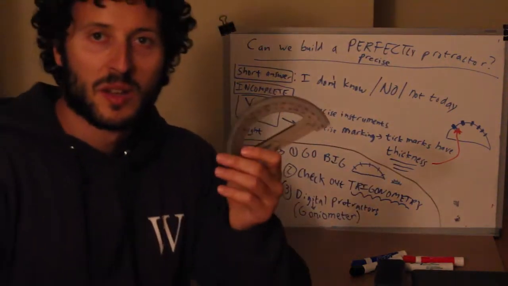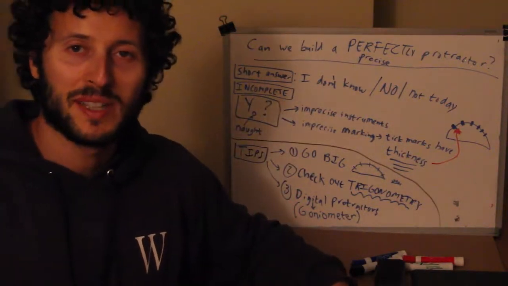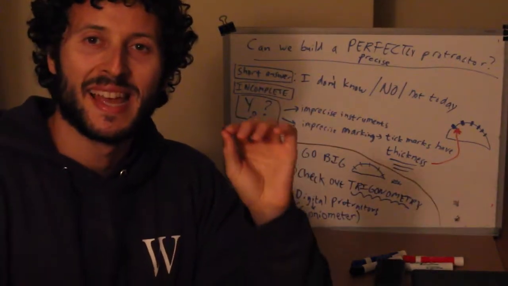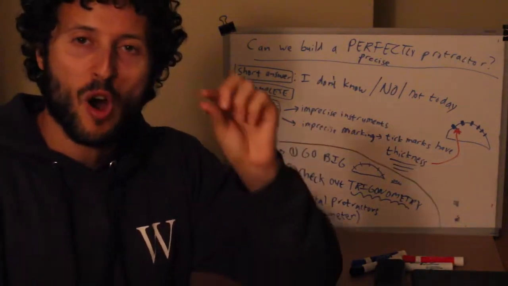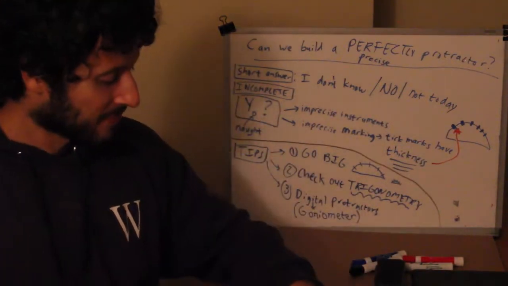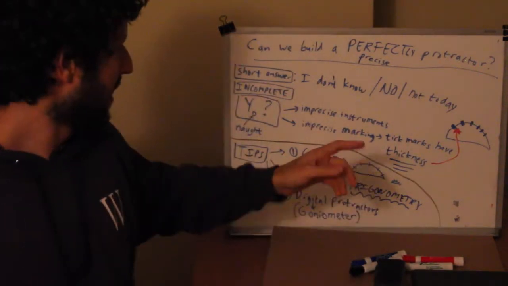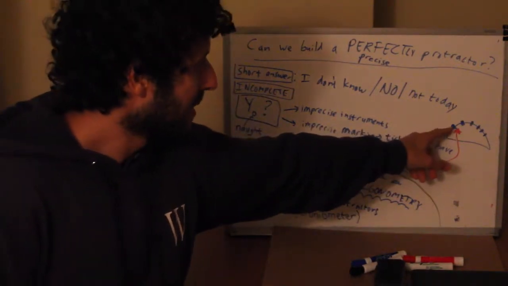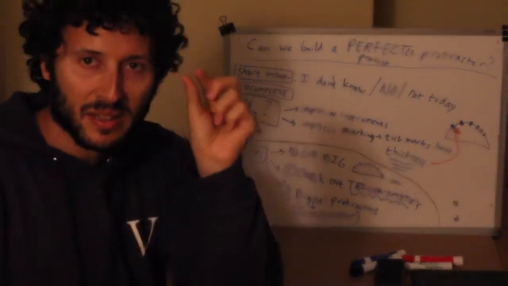And tick marks, unlike in mathematics, when we say we're going to draw a line, we assume it's an infinitely thin line, but in real life, all lines have a little bit of a thickness. So every tick mark has some thickness, and that's what I'm showing in this diagram. Each of these blue things, let's say, is a tick mark, and the tick mark has a little bit of thickness.